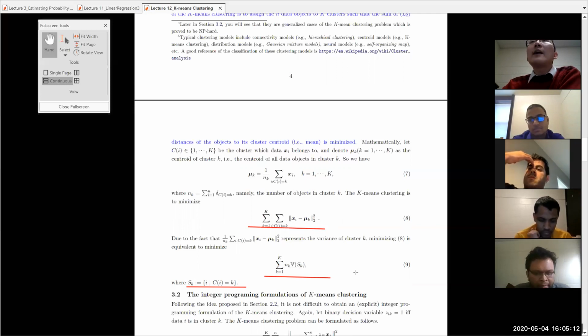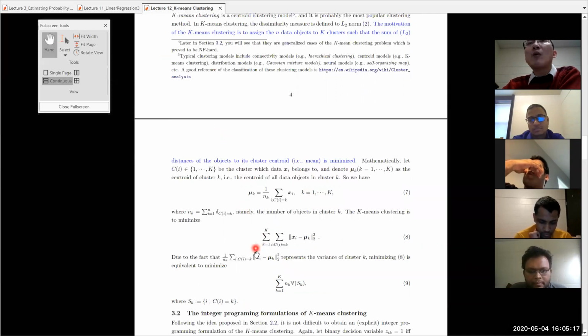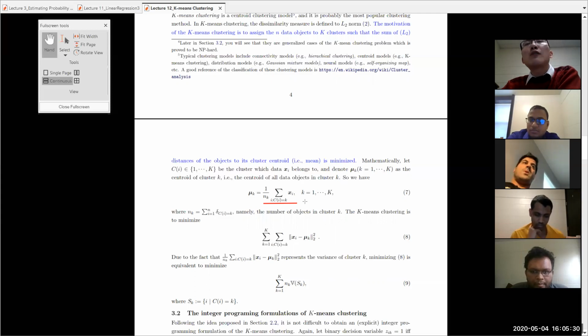Now we have already mathematically defined it, but it's still not comfortable enough. Why? Because here I directly use this notation i such that Ci is in K. But in this case, I'm actually trying to find the partition, or trying to find this assignment Ci.